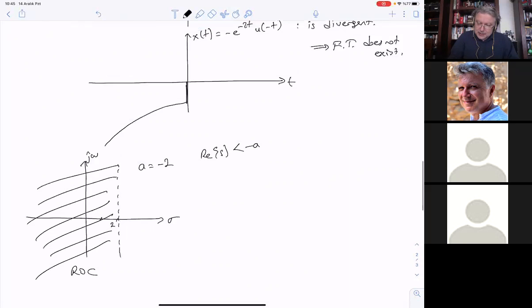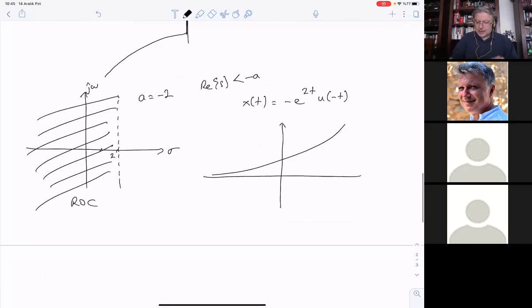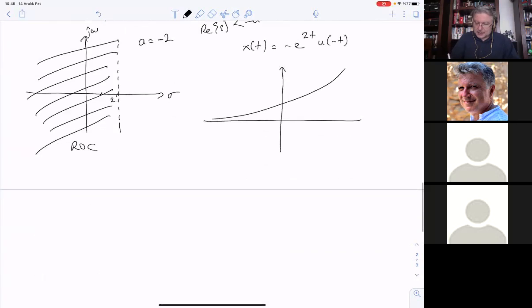And it will mean that our signal is x of t is equal to minus e to the 2t u of minus t, this signal. Now this signal is an increasing exponential like this. E to the 2t is like this, and negative of it will be like this, okay, and it will stop at t is equal to 0, extending from minus infinity to 0.